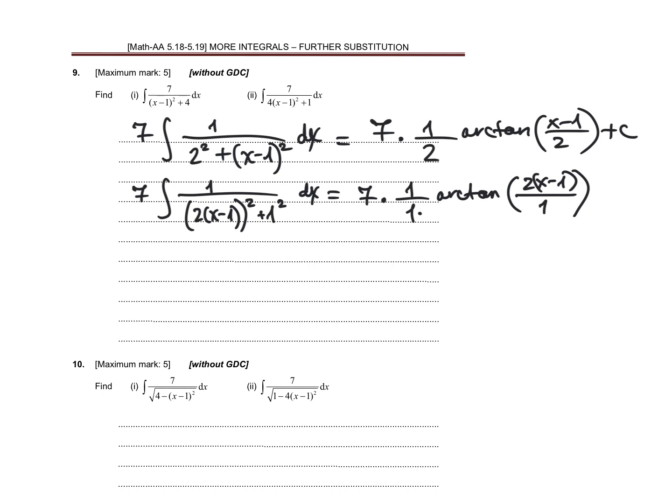We also have to divide by 2 here because reverse chain rule, plus c. So 7 halves arctan 2x minus 1 plus c.